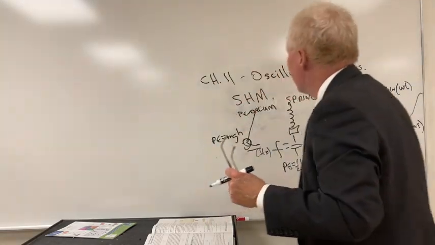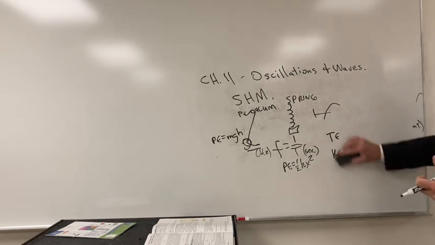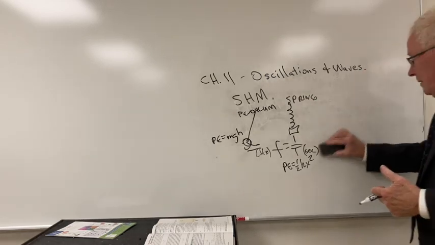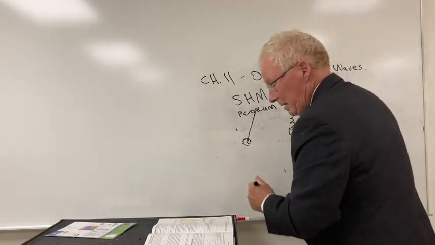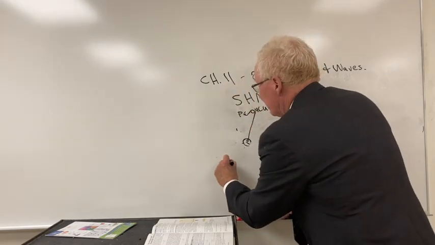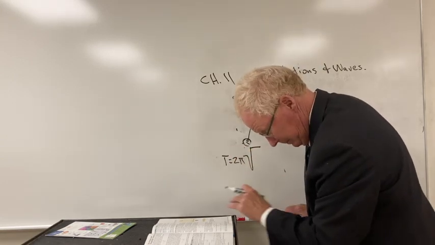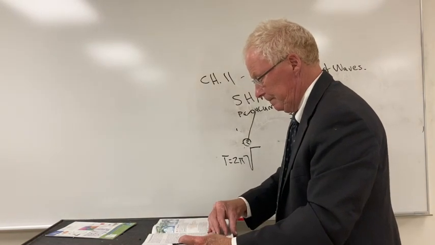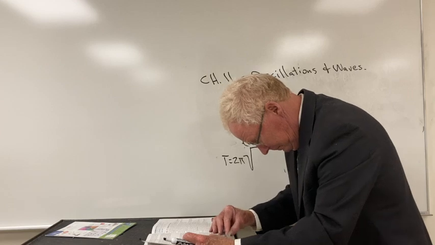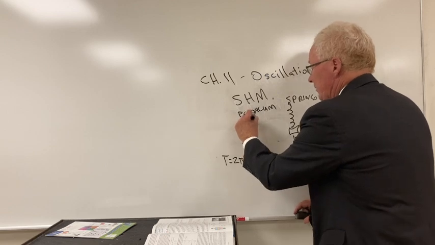All right, so keeping that there, moving on. For a pendulum, the period is given by 2 pi square root of L over g, where L is the length of the pendulum.